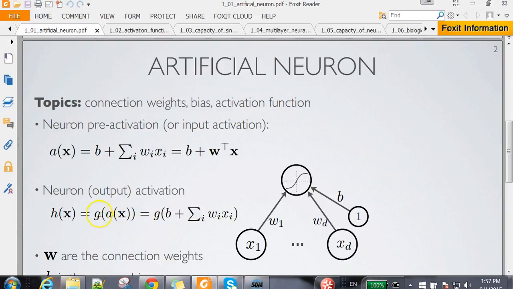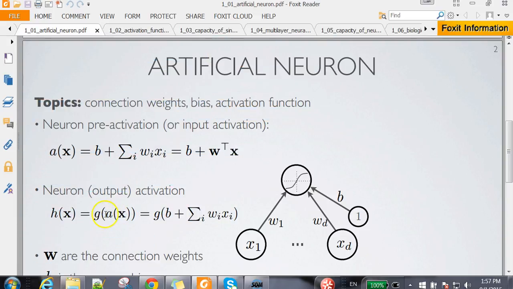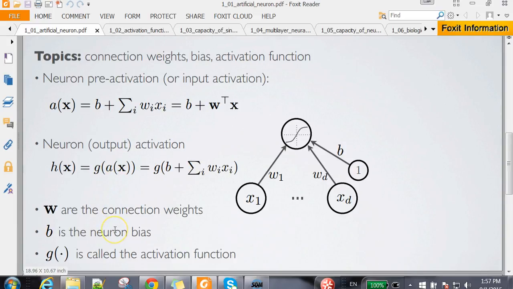So this says you take the input activation, which is here, you put it into some G, and you get an output. The whole process, starting with X, is called H. But it really means just take the input, put it into some other function, which we haven't decided what function that's going to be, but it's going to be some kind of function, and then we'll get an output.